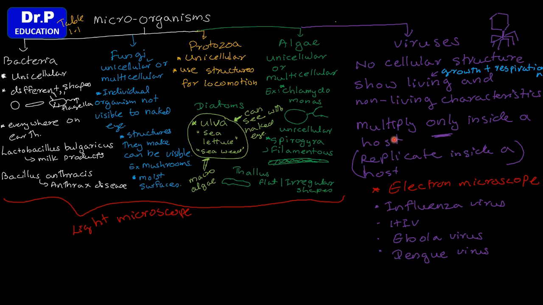Now, this host doesn't always have to be a human. Let's say influenza viruses that go from person to person, human to human. The human is the host. There are certain influenza viruses that are only in cats. Some of those influenza viruses go only from cat to cat. It doesn't come from cat to human. So in that case, their host is a cat.